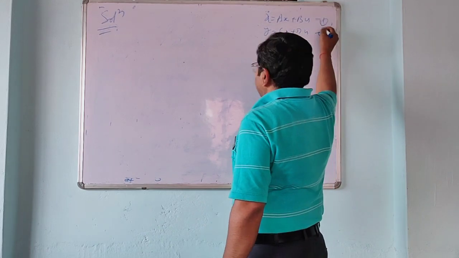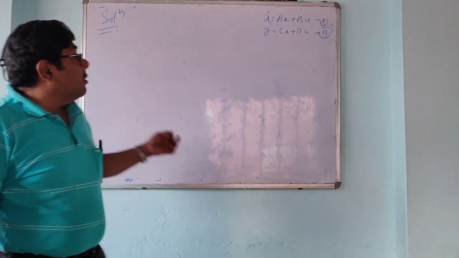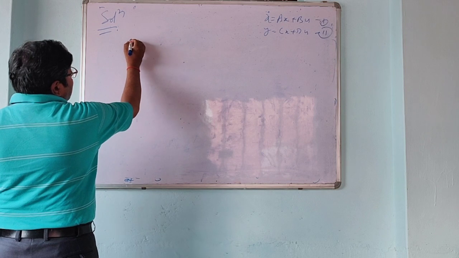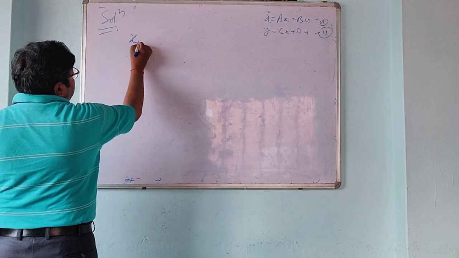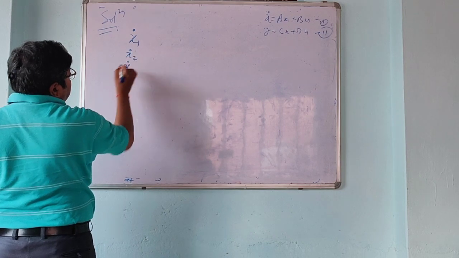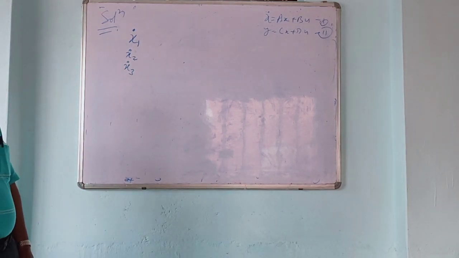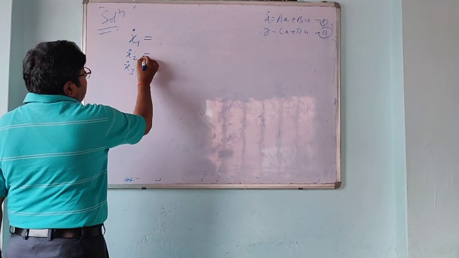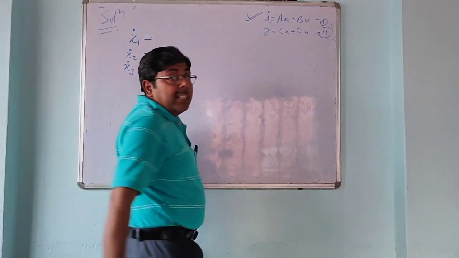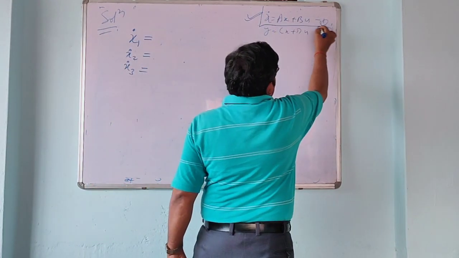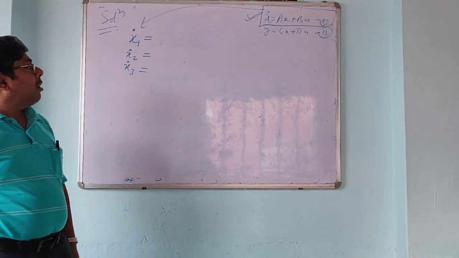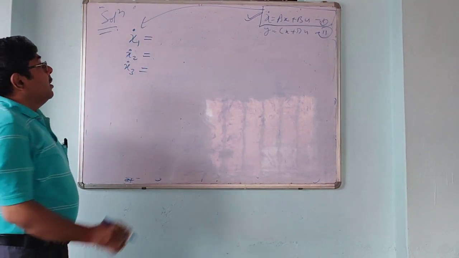These are the 2 basic equations. Now we have 3 state equations: x1 dot, x2 dot and x3 dot. We have to write 3 equations for the first equation, which means the first equation is a combination of 3 equations.